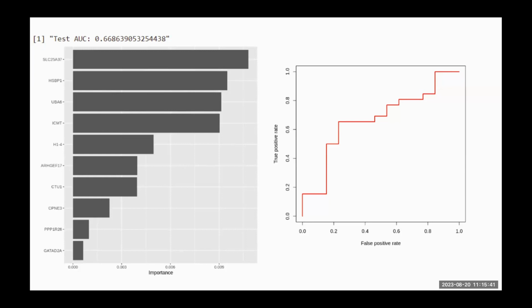AUC ranges between 0.5, which performs no better than random chance, and an AUC of 1, which suggests a perfect classifier. In summary, the ROC curve and AUC are tools to assess how well a binary classification model distinguishes between positive and negative examples. The ROC curve visually displays this performance.